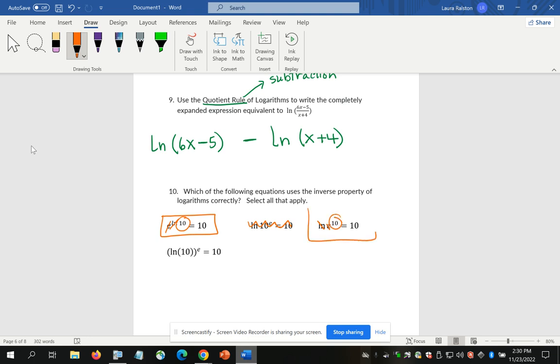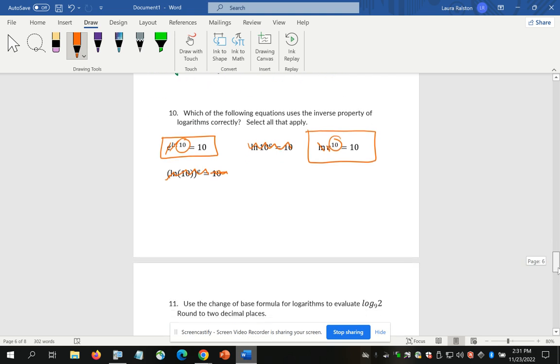So this one would be accurate. Logarithm of 10 raised to the e power. That doesn't work either. You have to have your logarithm and your exponential with the same base in order for the inverse property to work, and we use that inverse property when we're solving equations.